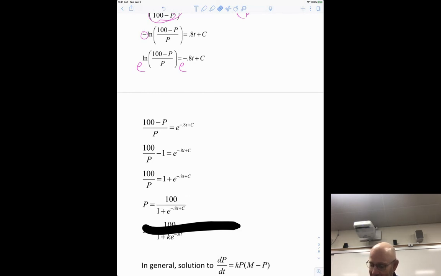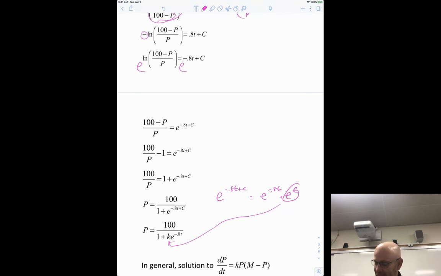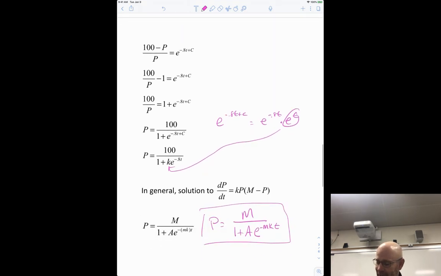And then I inverted and multiplied. So I flip-flopped everything. So I wound up with p equals 100 over 1 plus e to the negative 0.8t plus c. And then I just did my little trick, remember we did this on other problems, e to the negative 0.8t plus c equals e to the negative 0.8t times e to the c, and that e to the c just becomes that constant.